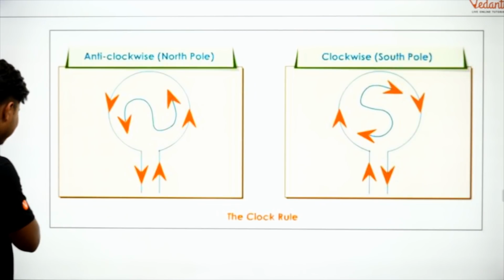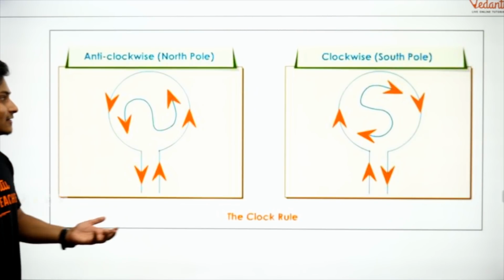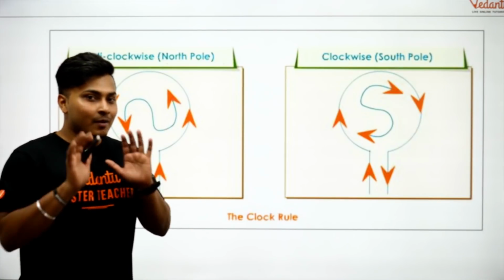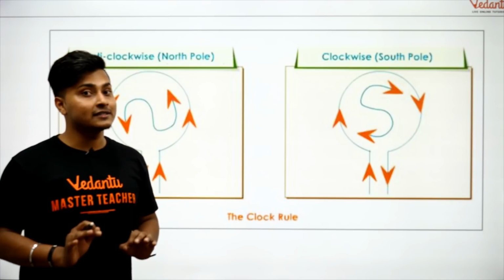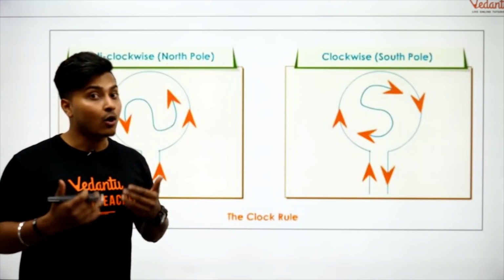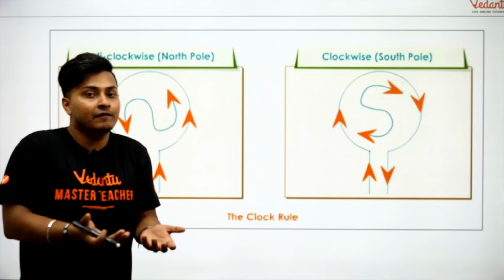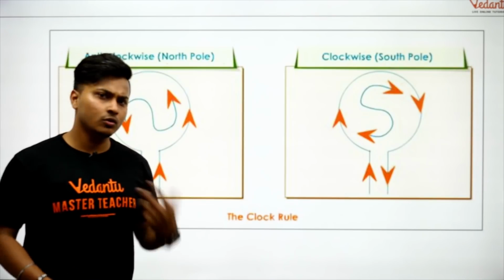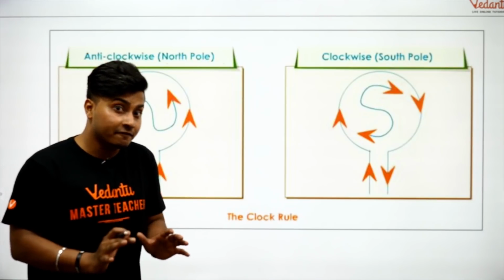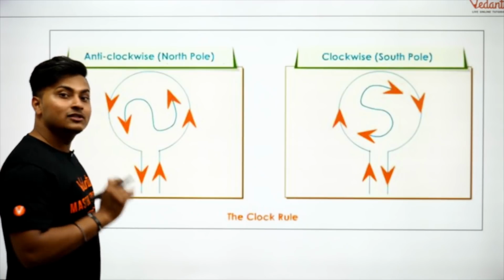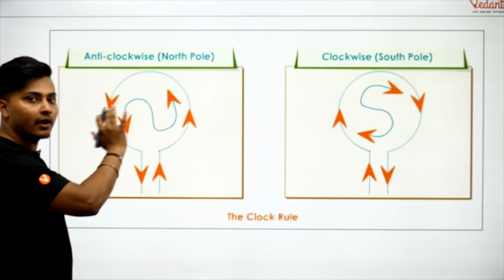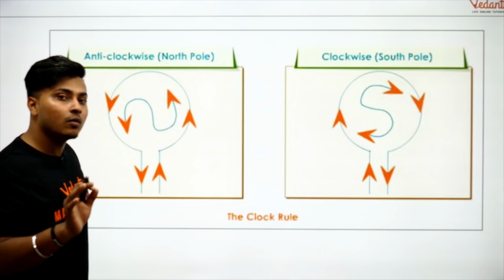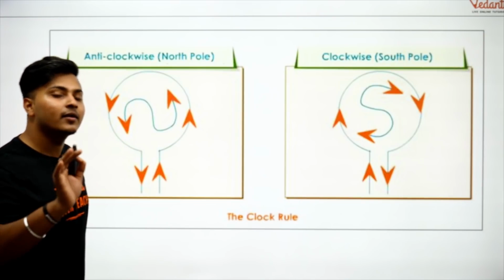Pretty interesting. Completely focus here, you will understand. Remember I told you, if you have a coil and it's a current carrying coil, it must have a magnetic field according to Oersted, and if it has a magnetic field, it must have poles also, north pole and south pole. So if the pole is a north pole, then that end of the coil has anti-clockwise directed electric current.